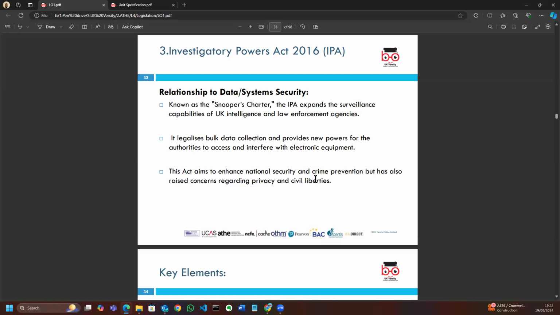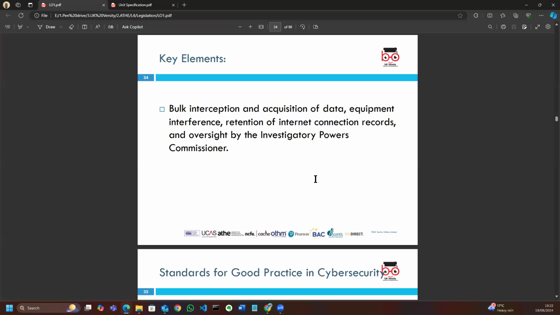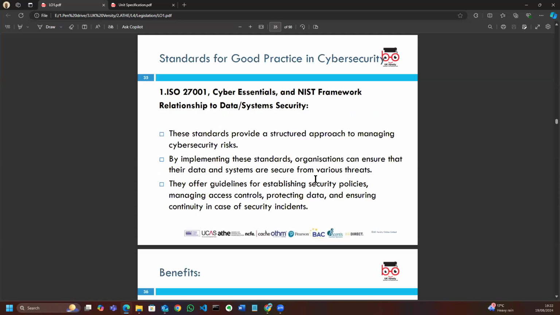It is going to legalize bulk data collection and provides new powers for the authorities to access and interfere with electronic equipment. What are the key elements? This is bulk interception and acquisition of data, equipment interference, retention of internet connection records, and oversight by the Investigatory Powers Commissioner.